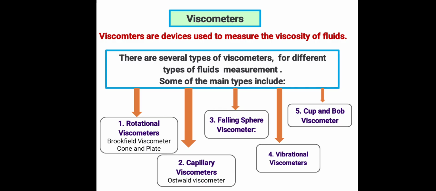Some of the main types include rotational viscometer, capillary viscometer, falling sphere viscometer, vibrational viscometer, and cup and bob viscometer.